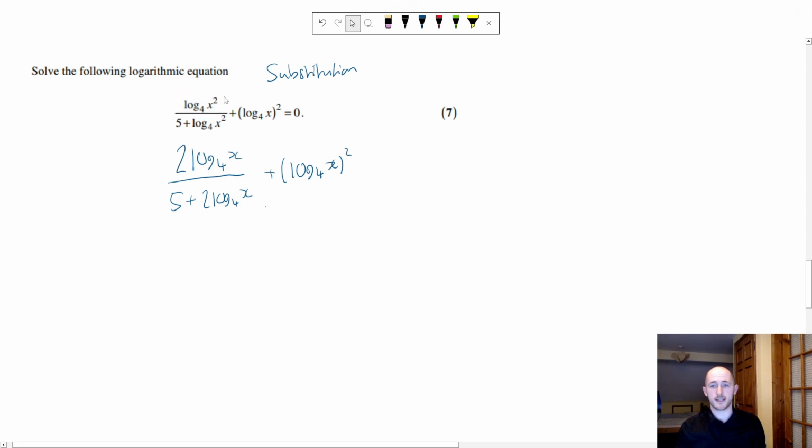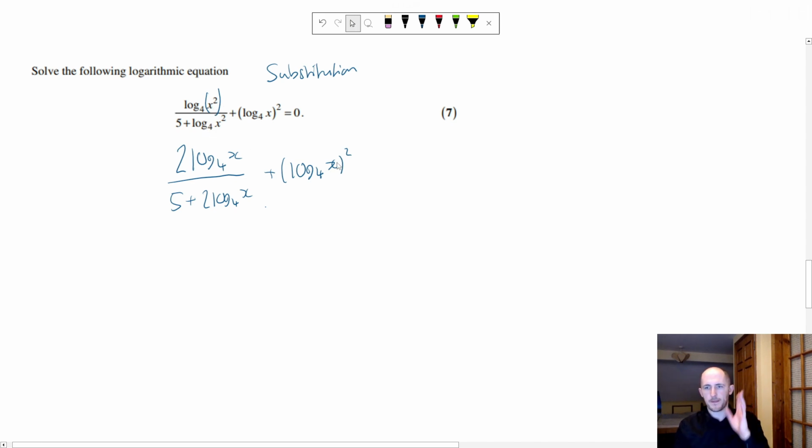These two things are not equal. This is log 4 of x squared, so the log is of x squared, whereas this is log 4 of x, all squared. So here you're taking the log of x first, then squaring it. This one, you're taking the log of the square of x already.